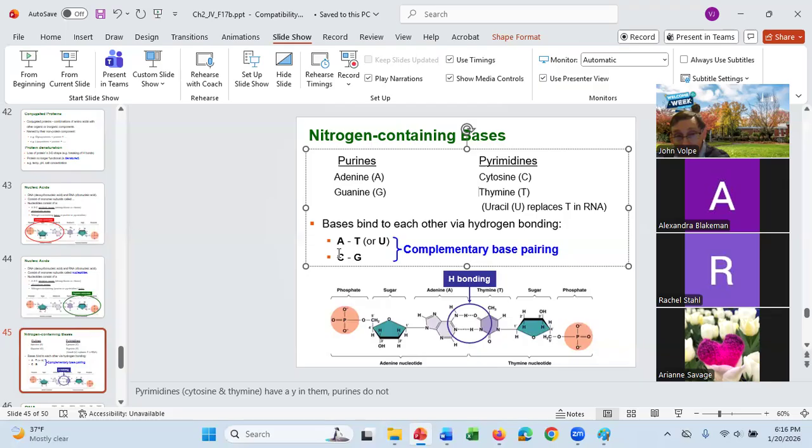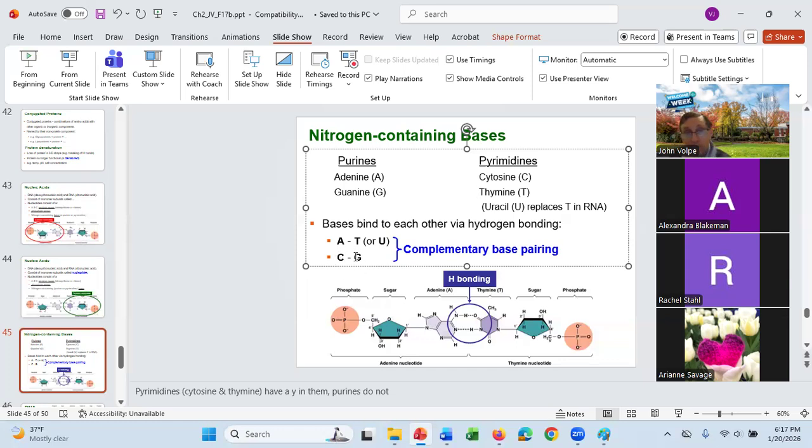And so the A will have a complement on one strand of DNA, which will always be T on the other strand of DNA, because the A and the T hydrogen bond to each other. And then the C and the G are complementary, meaning on one strand of DNA, you'll have a C. On the opposite strand of DNA, you'll have a G. And that's because the C and the G can form hydrogen bonds between each other.